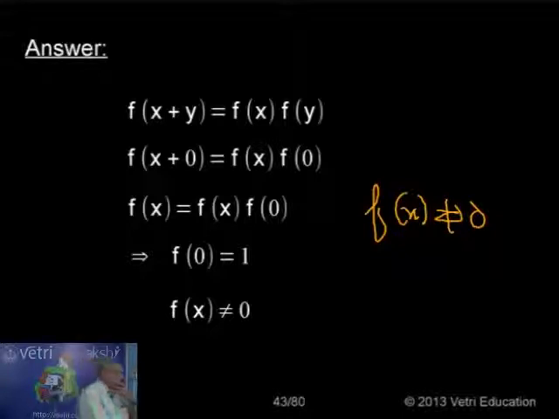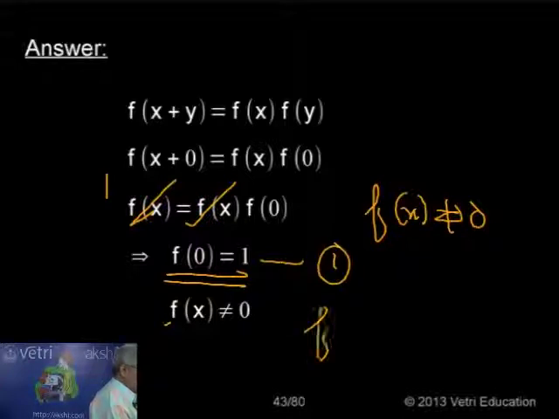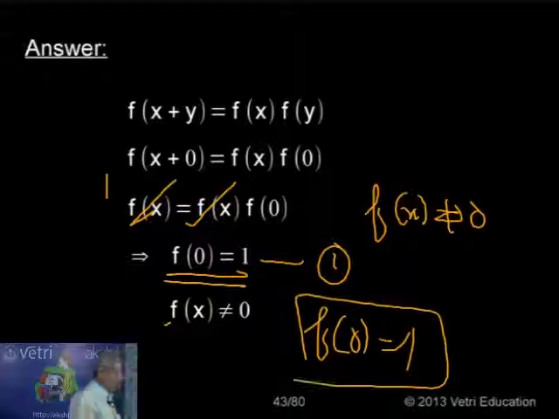So therefore, that gives f of 0 is equal to 1. One important condition we are obtaining, f of 0 is equal to 1.